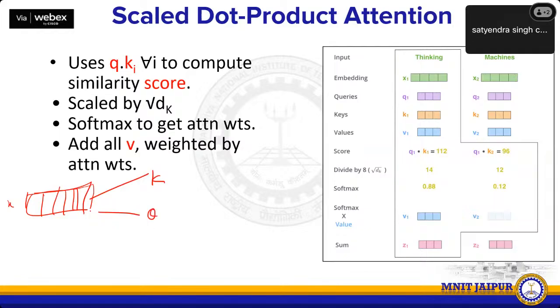Similarly, we have another value which represents the content of this embedding. So we transform input into these three parameters: key, query, and value for the computation purpose. Basically, the summary is we are using an alternative approach for the computation part.